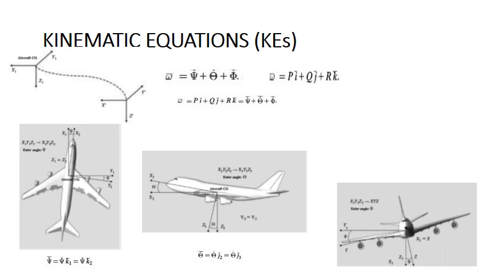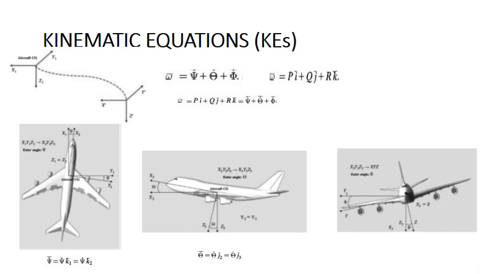Similarly, in the transformation from x3, y3, z3, with x3 outward, out of the screen, with an angle phi, x3 equal the x body.